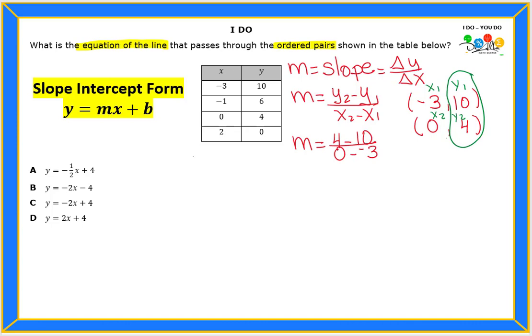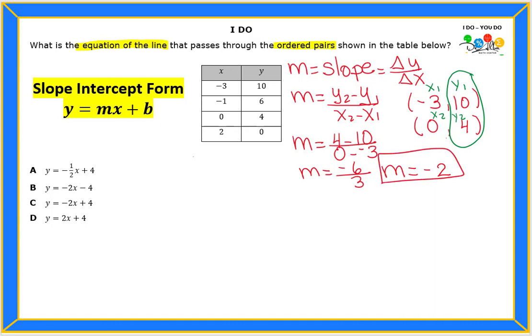I did not just write 0 minus 3. There's a minus and then the -3. So m will be equal to 4 minus 10, which gives me a -6, and 0 minus -3 is actually a +3. m is going to be equal to -2, and that's my slope.